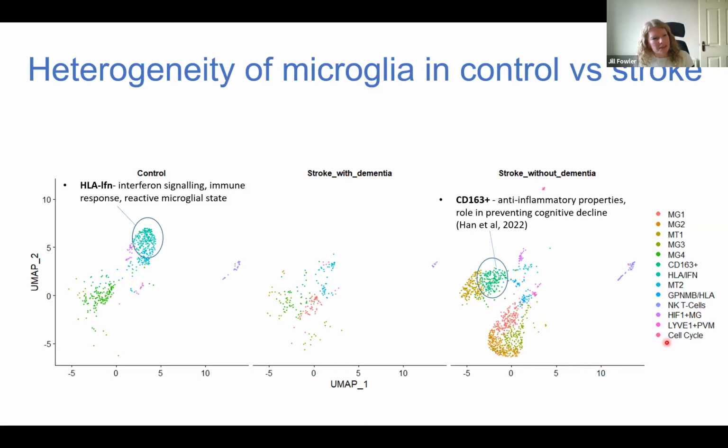And again, in the stroke without dementia group, we have this enriched CD163 population. So this CD163 expression has been associated with anti-inflammatory properties, increased phagocytosis, and has been proposed to have a role in preventing cognitive decline. So that was really interesting.